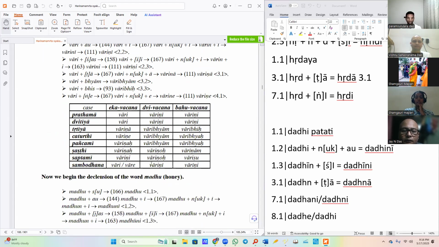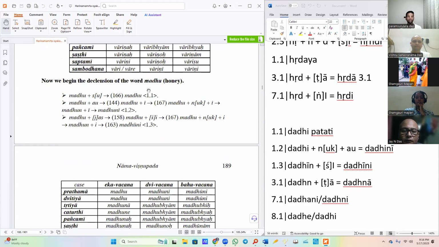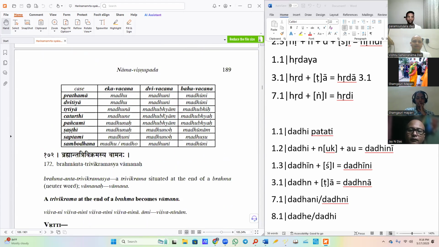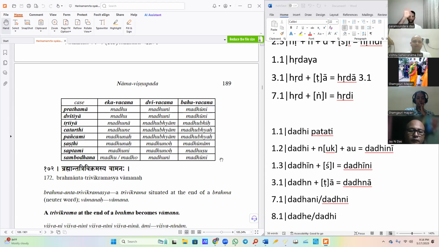Same, simple. You can also do Madhu, meaning honey. Pura Mant Shabda, same, nothing much. Madhu, Madhuni, Madhuni. Madhuna, ityadi. So, until Madhu Shabda you can do your homework until next week.